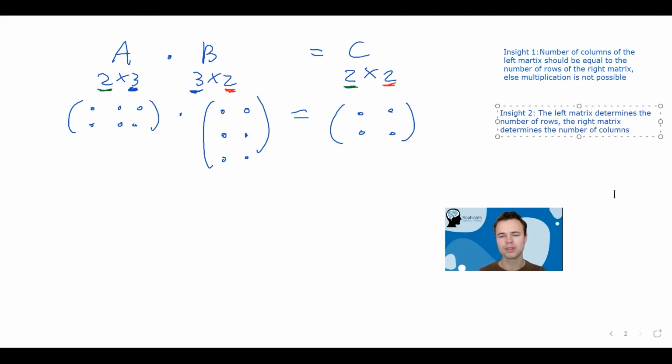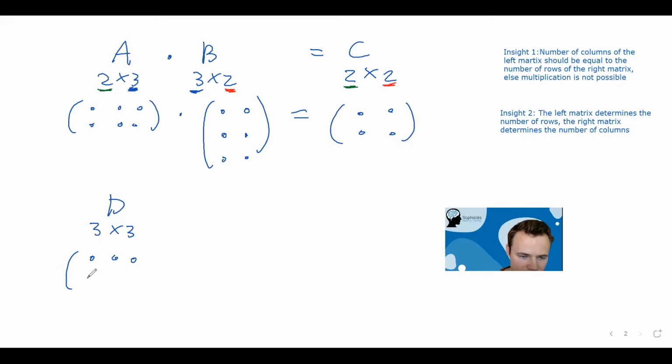Okay, so let me show you another example. Let's say that I have matrix C, or let's make it matrix D. And matrix D is a 3 times 3 matrix. So it looks a bit like this: 1, 2, 3, 4, 5, 6, 7, 8, 9. 3 rows, 3 columns.